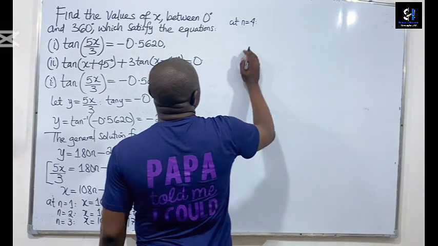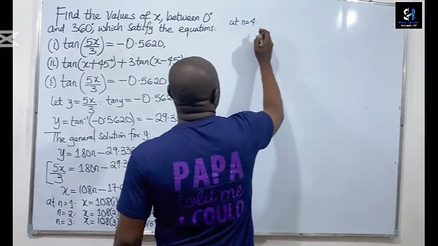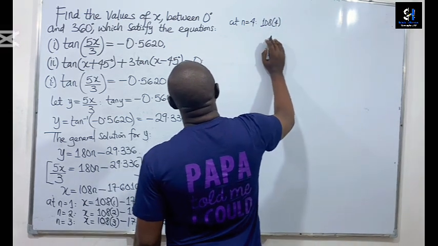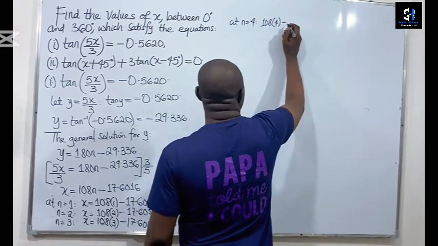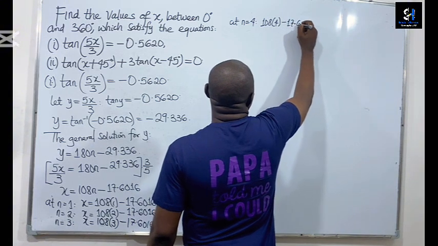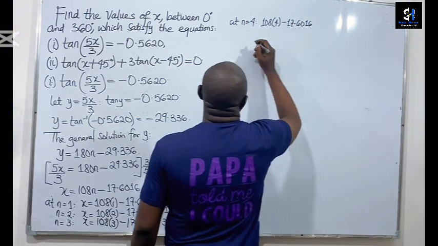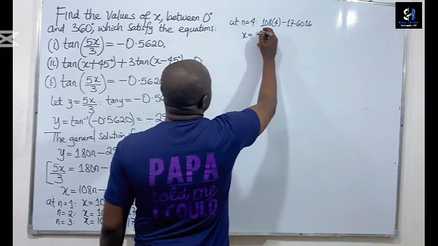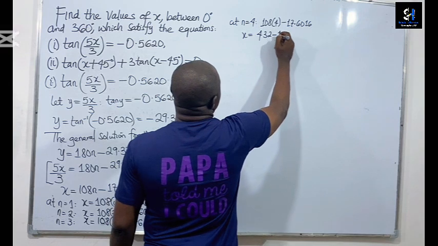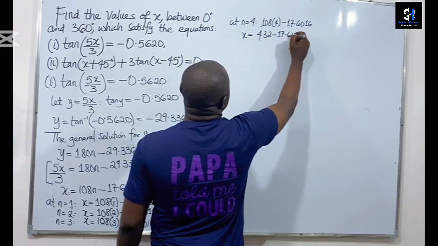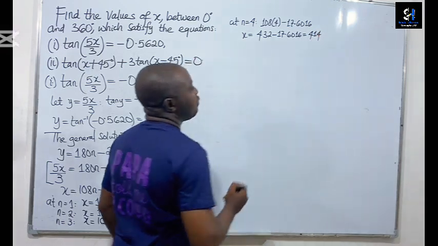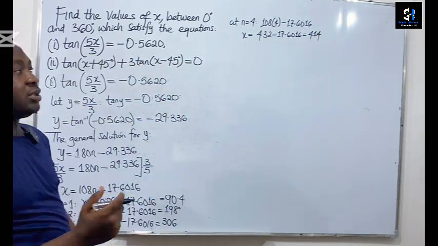When n is equal to 4, this will be 108 times 4, that is 432, minus 17.6016, and this will be approximately 414, which is outside the range.